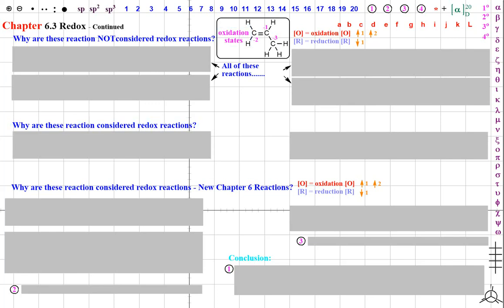In our previous video, we reviewed oxidation states, and the carbon here on the left has 2 bonds to less electronegative hydrogen, -1 oxidation state for each of those bonds, and 0 for each of the bonds to carbon. That's why there's a -2 under that carbon.